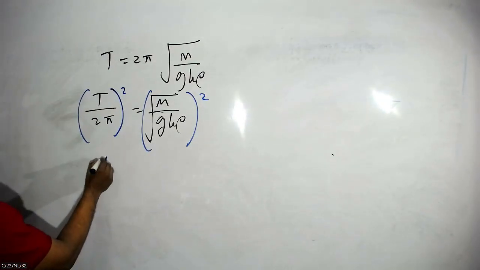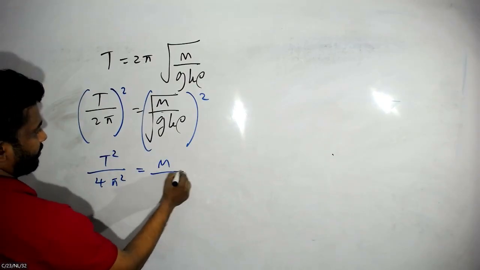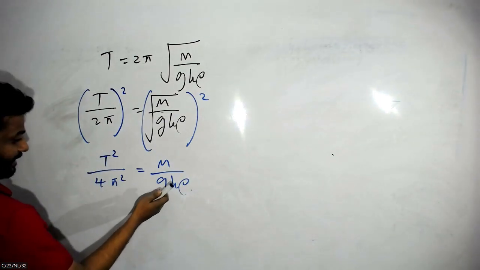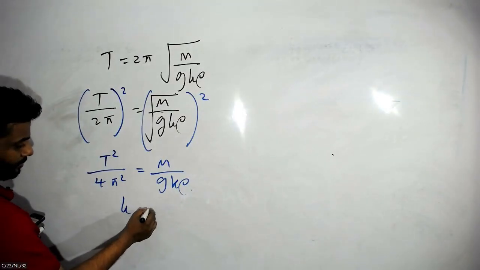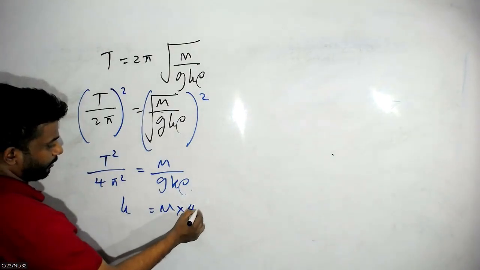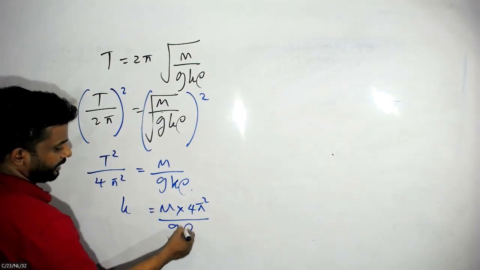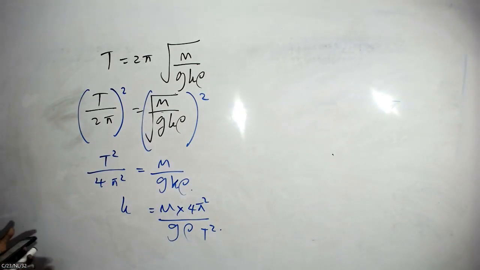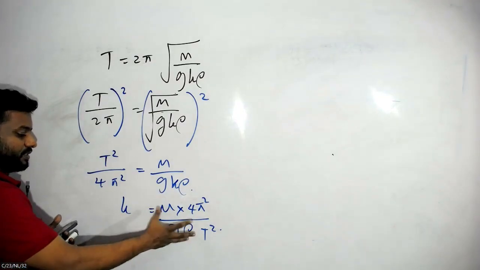Then the answer is T squared equals 4π squared M over gKρ. Then you can make K the subject, no? K is equal to M into 4π squared, cross multiplication, no? over gρT squared.